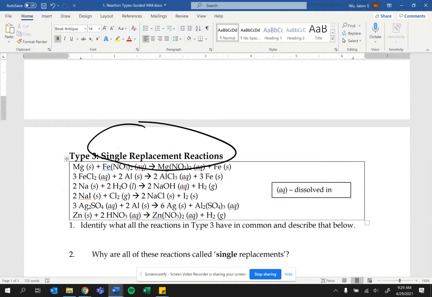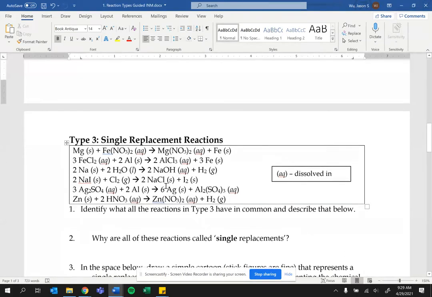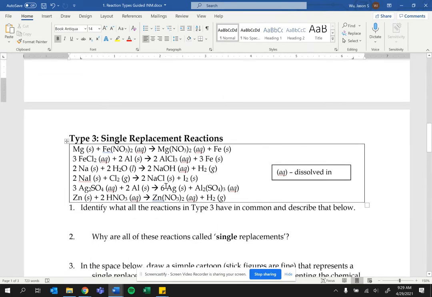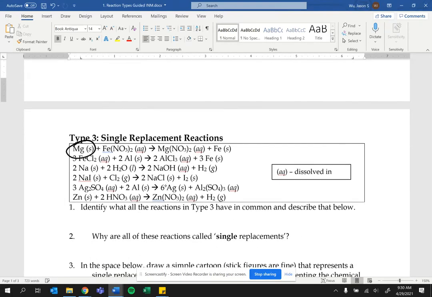Single replacement reaction. Now this one, we have to take a look pretty carefully. Let's look at this first one. You have Mg plus Fe(NO3)2, and look at how Mg bumps out Fe. So Mg is now with (NO3)2 and you have Fe.